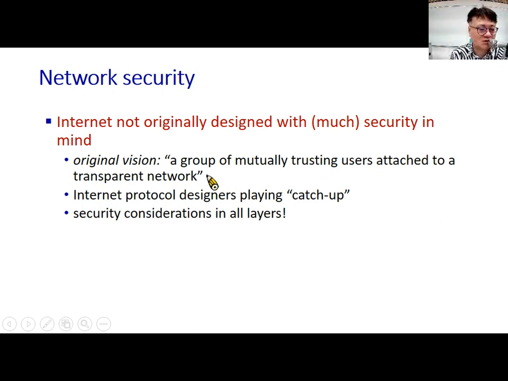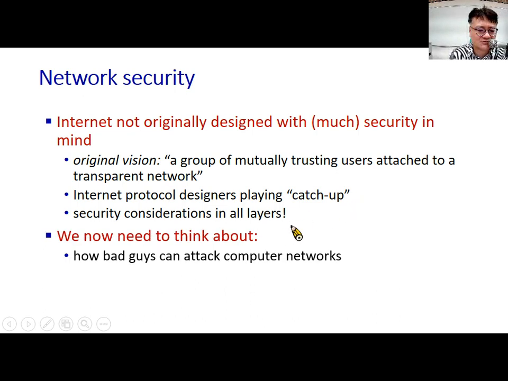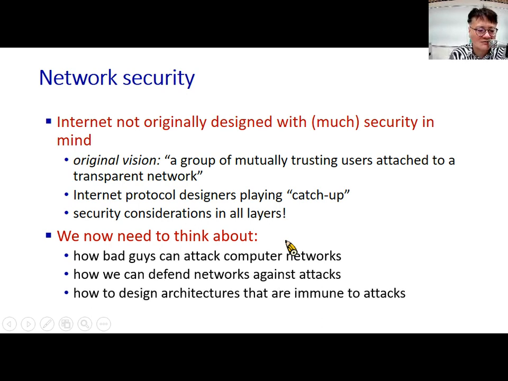The IP network in its original version was very transparent, and the internet protocol design is playing catch up. Security considerations apply to all layers. So we now need to think about how bad guys can attack computer networks, how we can defend networks against attack, and how to design architectures that are immune to attack.